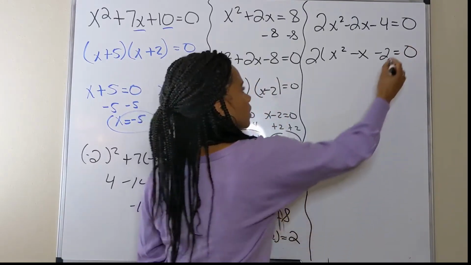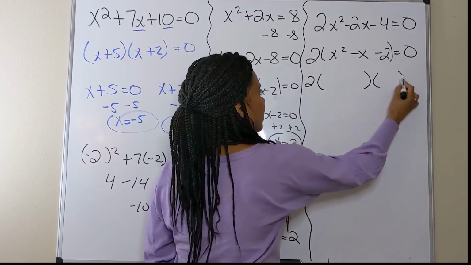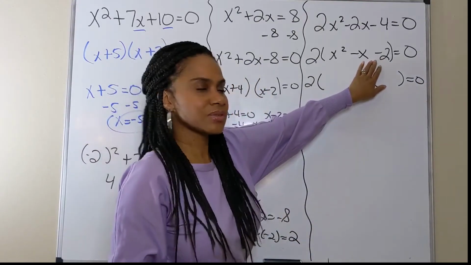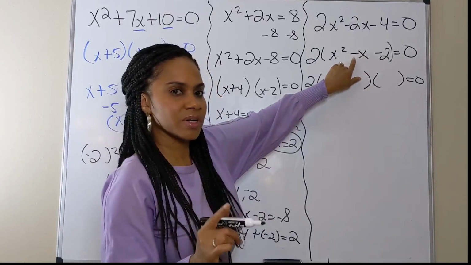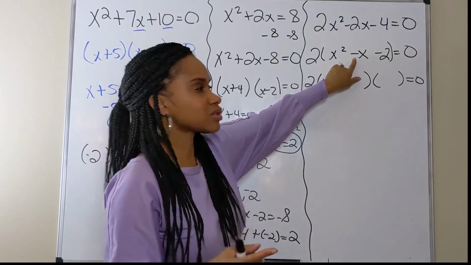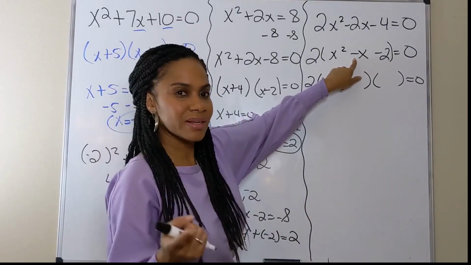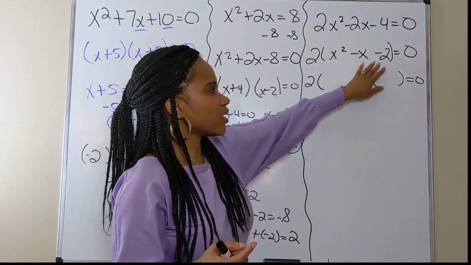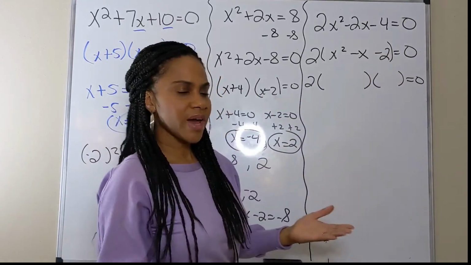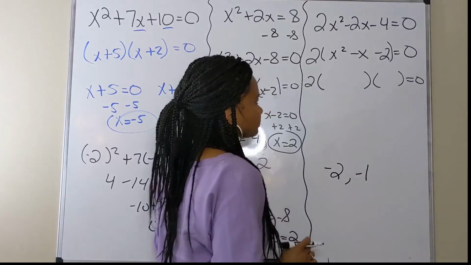All right. So now I factor what's left inside of my parentheses. So 2 factors of -2 that have a sum of -1. Remember, if you don't see a number in front of your variable, it is an understood 1. In this case, it is a -1 because we have a minus sign. So my only factors of 2 are 1 and 2, but I know it has to be negative. So factors of -2 that have a sum of -1.